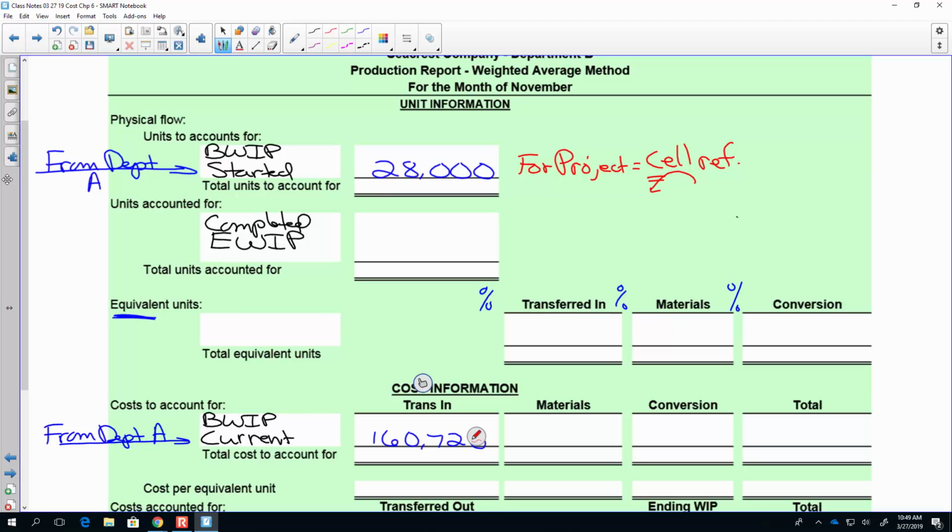And now we've added a new column called trans in. And you'll see that up here in step 2 as well as step 3. Transferred in means I brought those partial, that part from Department A into Department B. So this transferred in is treated like a material.